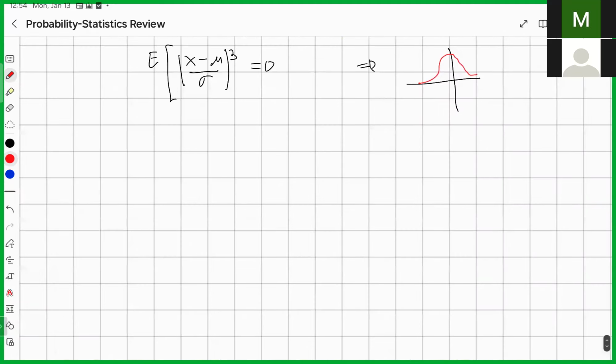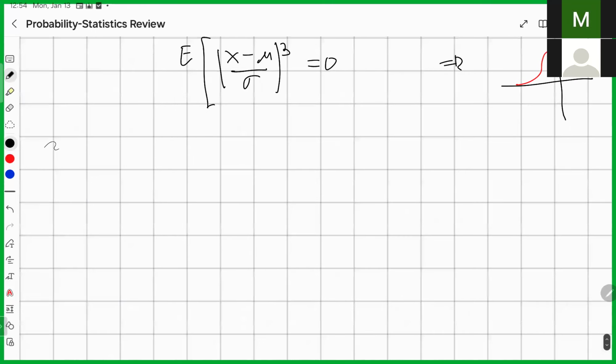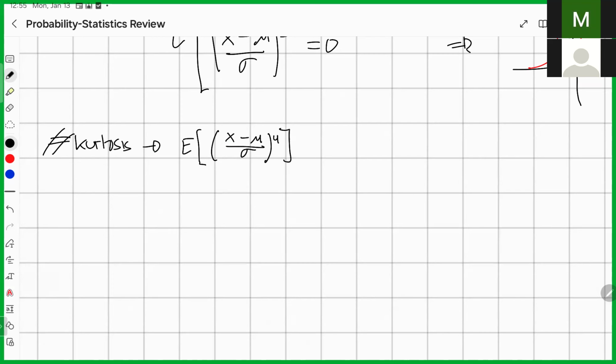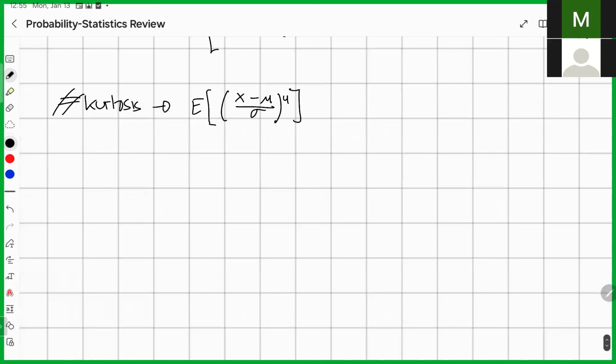And then the last variable that most people use to describe their quantities is the kurtosis. It's derived from the expected value to the power of 4, so here we have x divided by sigma to the power of 4.